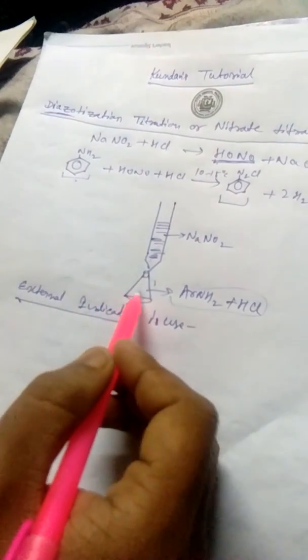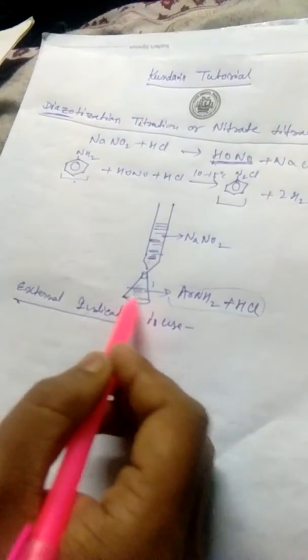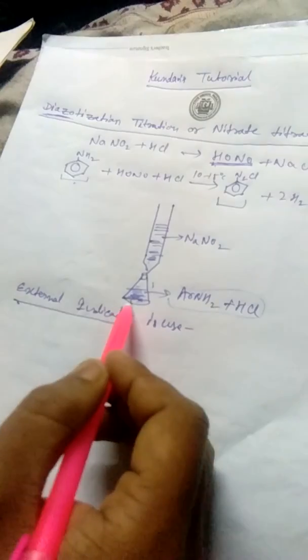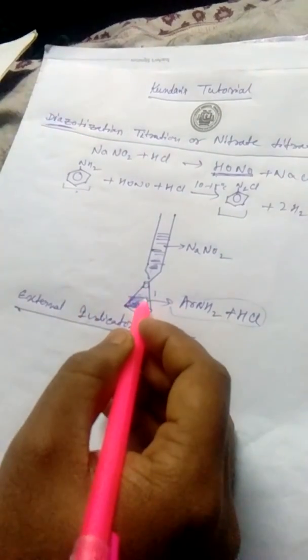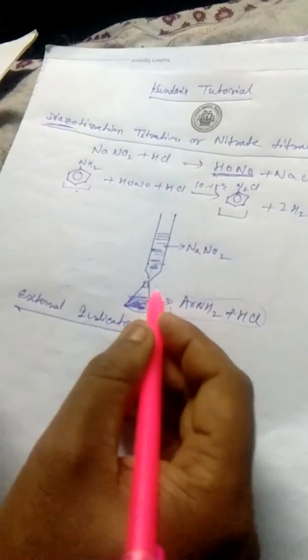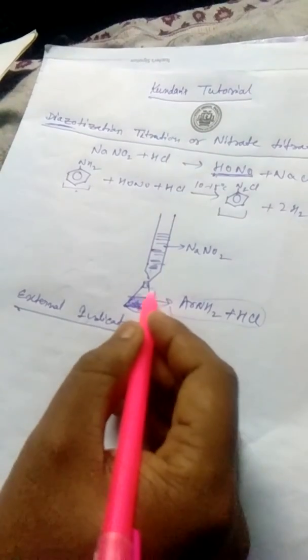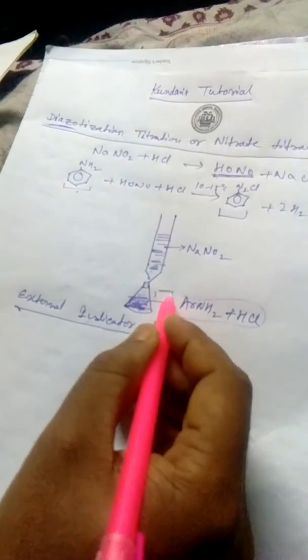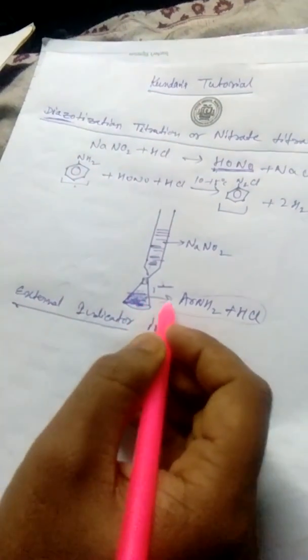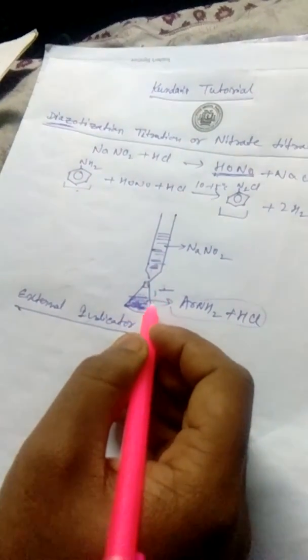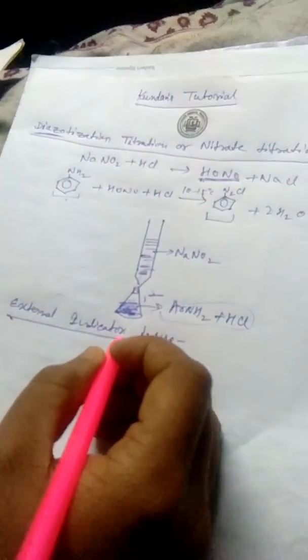Suppose I have put phenolphthalein in this solution, then that one is called an internal indicator. But for an external indicator, we will titrate this solution, and after that we will put a little amount of this solution upon a paper to detect whether the compound is titrated or neutralized or not.